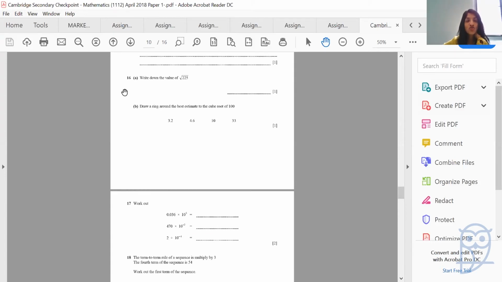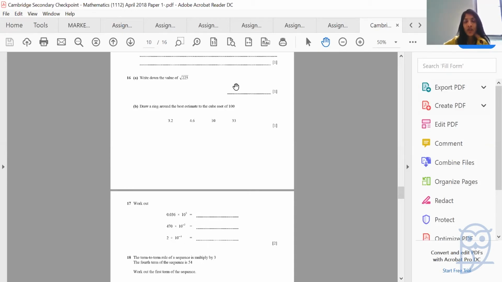The next one says, draw a ring around the best estimate to the cube root of 100. The cube root of a number is a number multiplied by itself twice, so it's the number times the number times the number to give you the answer. Looking at the cube root of 100, is it 3.2, 4.6, 10, or 33?